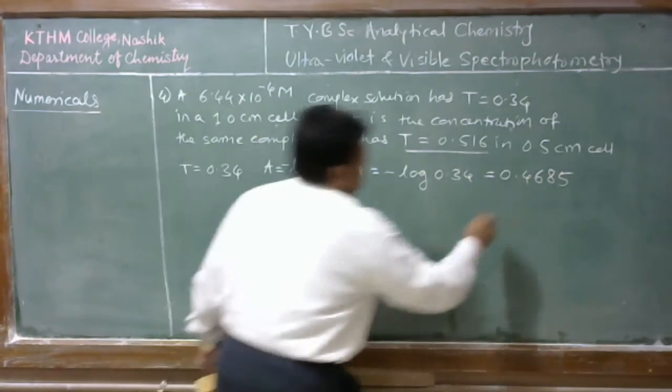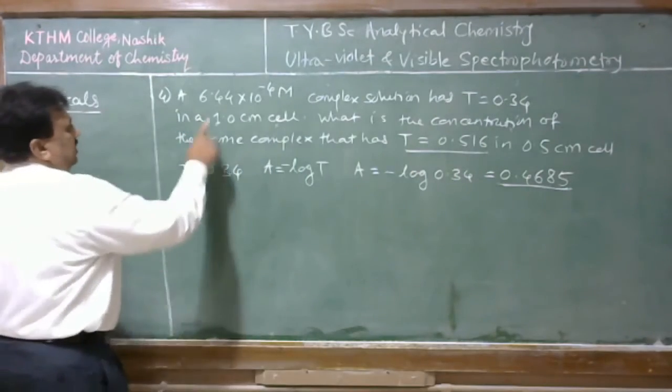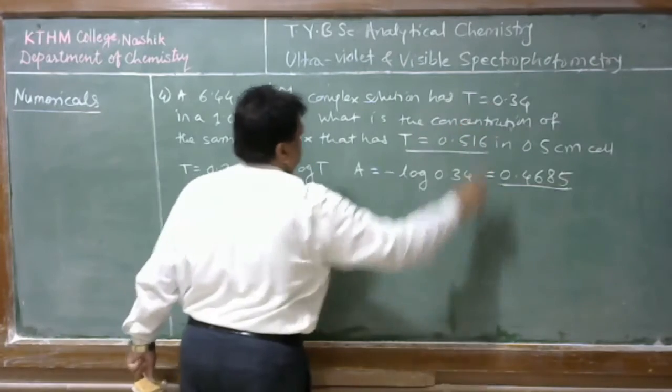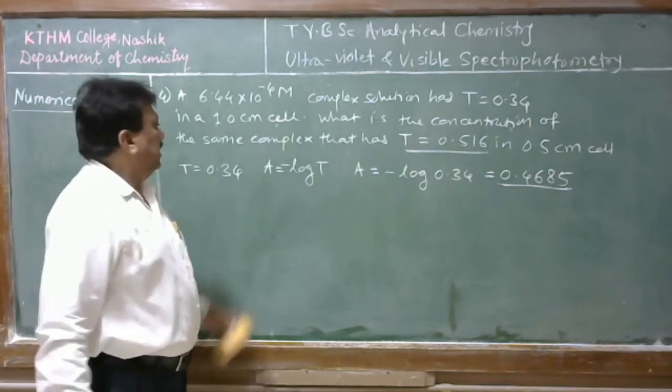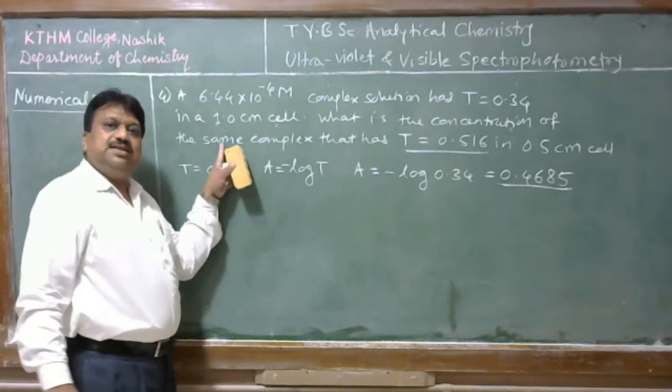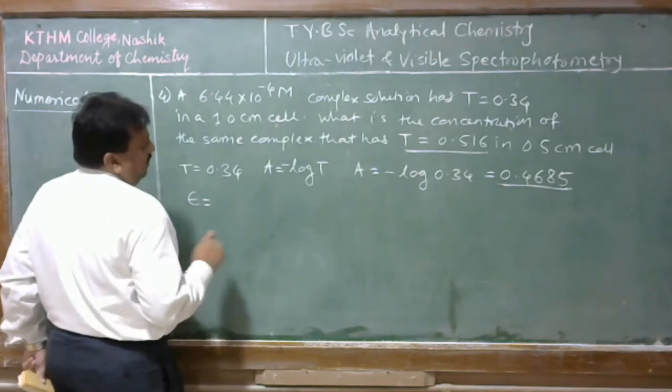Here this is the absorbance of the solution having this transmittance. Epsilon, that is the molar absorptivity, does not change; it remains the same for the similar type of material. Therefore from this we can find out the value of epsilon.